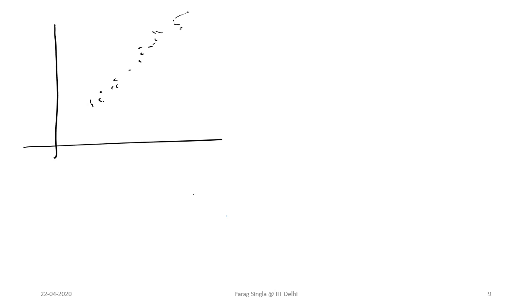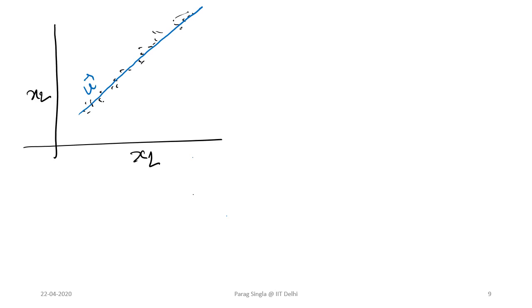So continuing from the previous slide, let me draw those points again. These are your data points, which lie in 2D space. This is your x1 and this is your x2, and this is your line u.